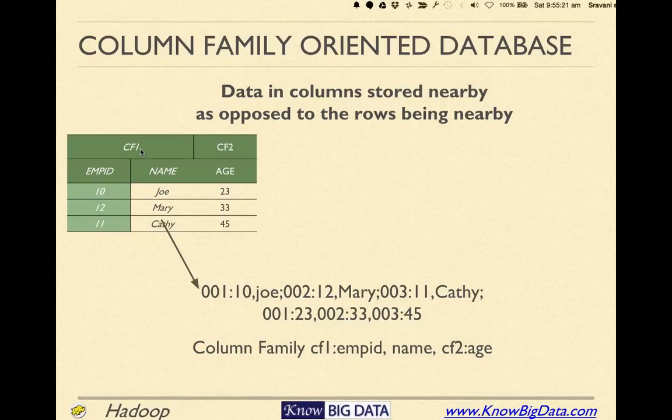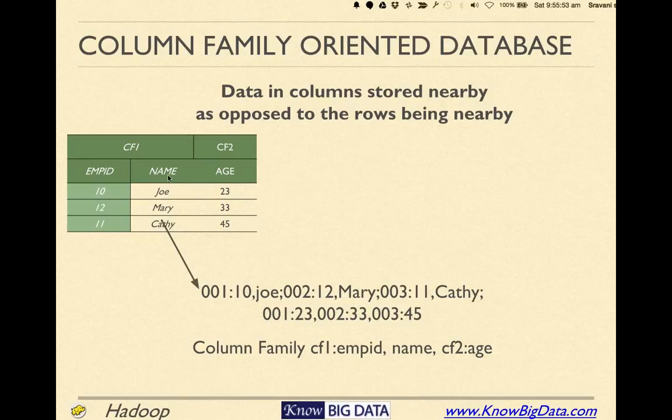So when we say column-family oriented database, it means that all the values for a column family will get stored first, then the values of another column family will get stored. So this essentially means that first these two columns will be stored, and then this third one. Okay.